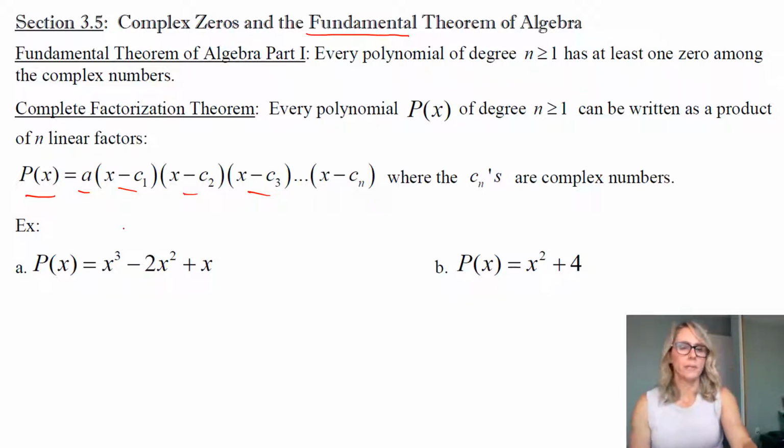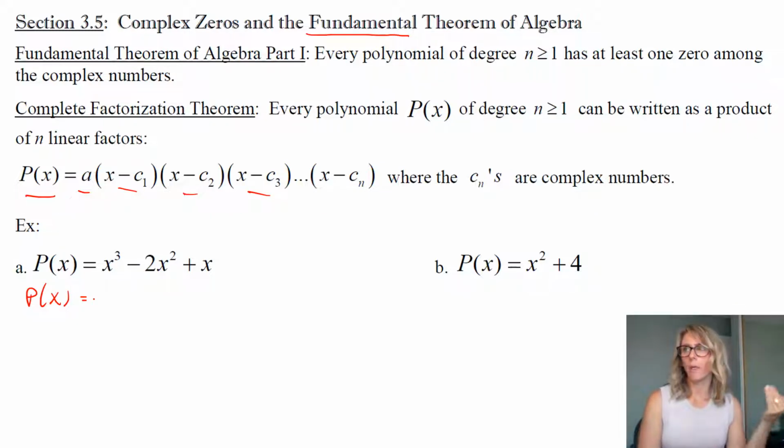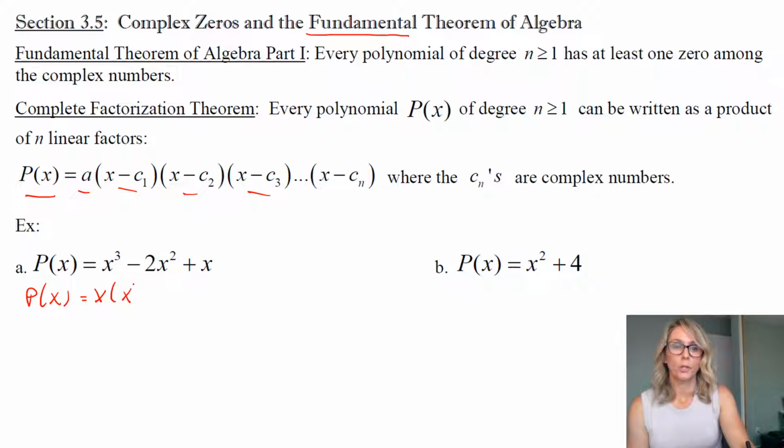So a real easy example would be something like P of x equals x cubed minus 2x squared plus x. If you would like, you could take a moment and see if you can factor that. We can pull out a greatest common factor.